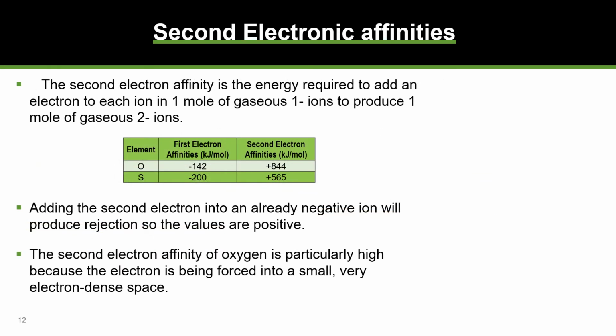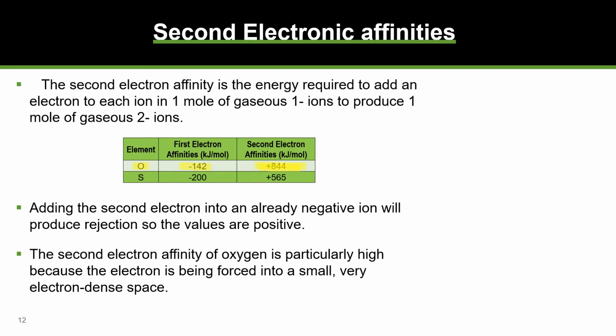We said already that the second electron affinities are required to add an electron to an already negative ion. So in the case of oxygen, the first electron affinity is 142 negative. That means that it releases energy. And the second electron affinity is super high, 844 positive.